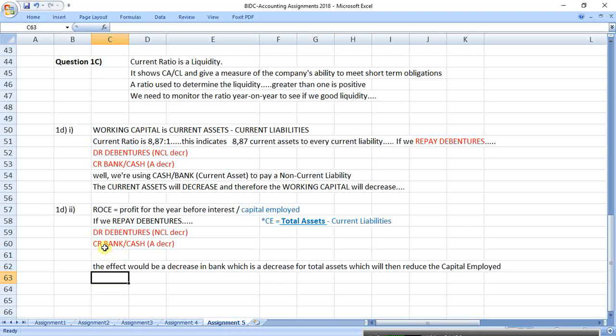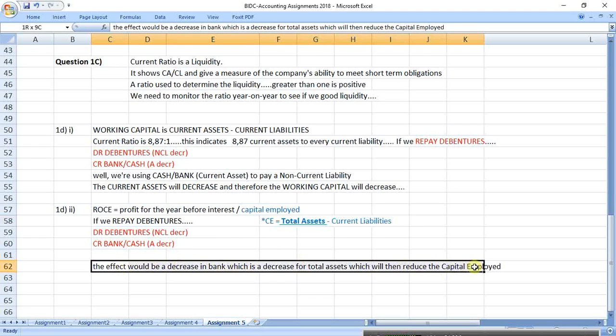Okay, so that's what we've got. If I credit the bank, I'm decreasing the bank. If I decrease the bank, it's going to affect the total assets, because bank is an asset. If the assets are going to go down, that means that the capital employed is going to decrease.